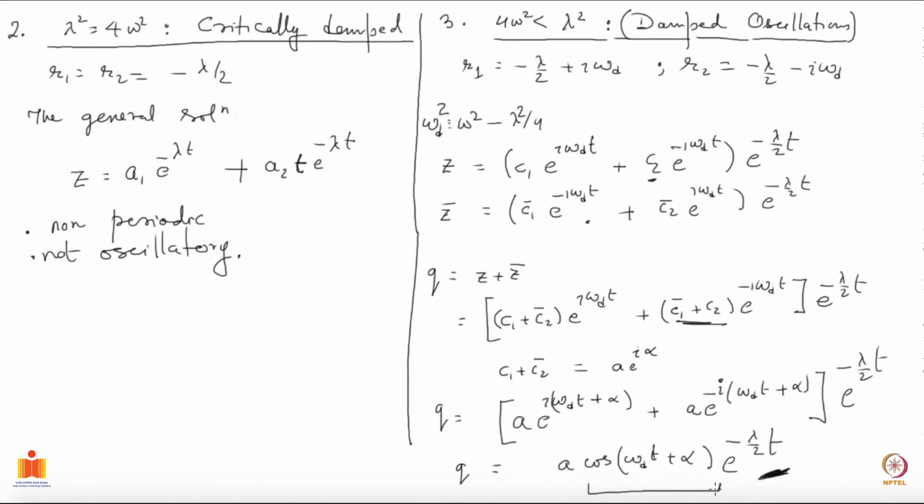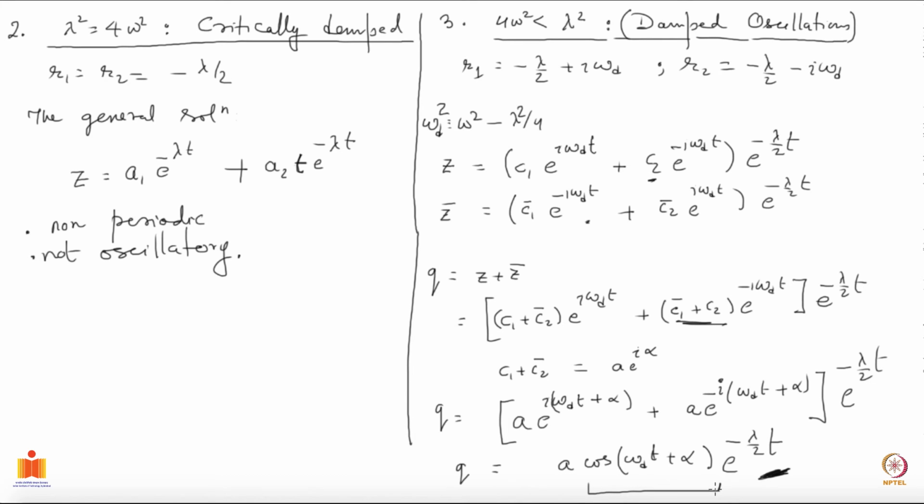And this we have encountered also earlier. Also note that the oscillator is not oscillating with the frequency omega, which was the natural frequency of the free oscillator, but it is oscillating with the new frequency, which is omega d.